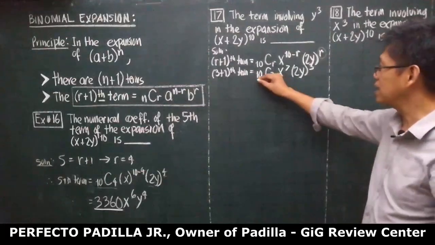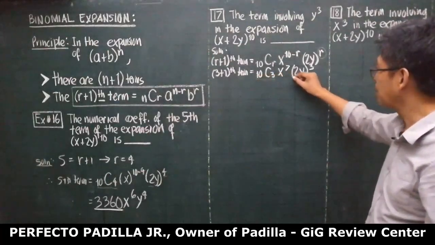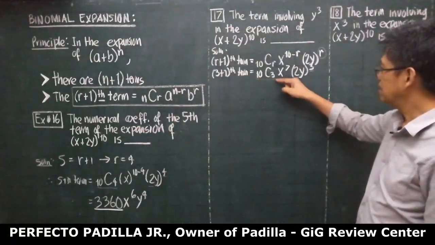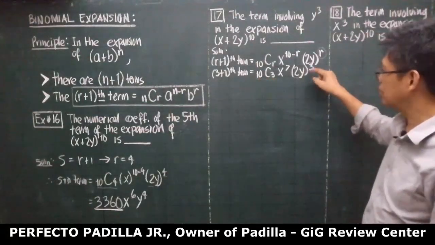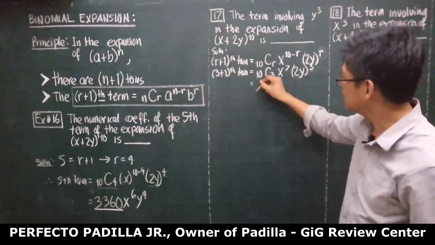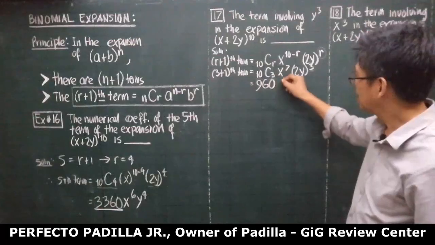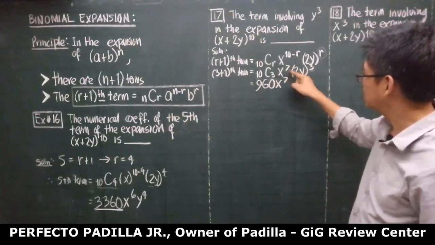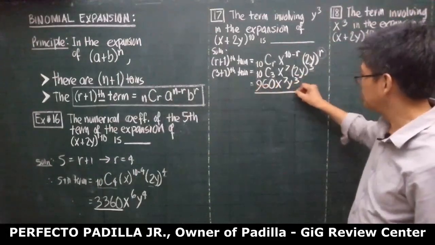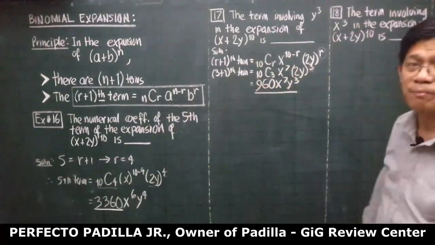You simplify this 10c3 times 2 to the 3rd. You compute that. 10c3 times 2 to the 3rd, you will get here 960 x to the 7, y to the 3rd. This is the term involving y cube.